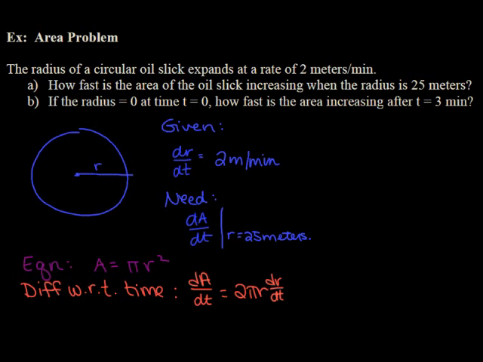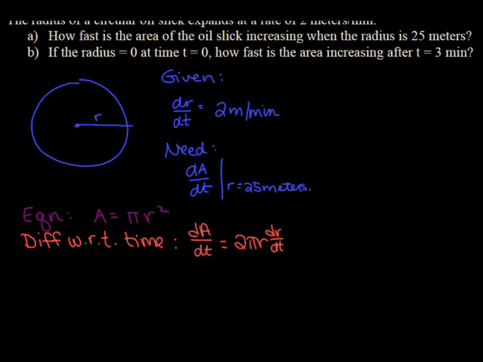And now that we have our derivative equation, we can go ahead and plug in and solve for what they are asking us to find. So we're looking for the rate of change of the area when the radius is 25 meters. So if we plug in, we're solving for dA dt. We have 2 pi. Our radius at this particular time is 25.